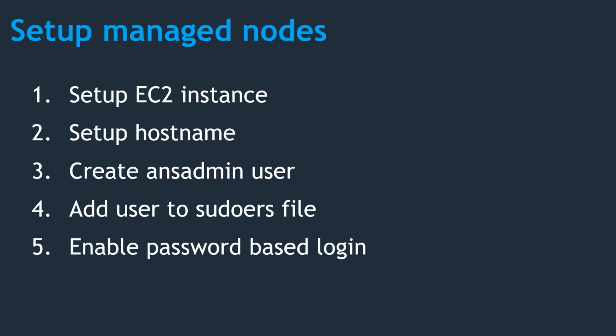So these 5 steps we need to do on the managed node. If you have 100 nodes, of course we need to do these activities on 100 nodes. Executing these manual steps on 100 systems is a little tricky, so the first time we can write a shell script to do all the activity. But since this is a lab, let's do it manually.